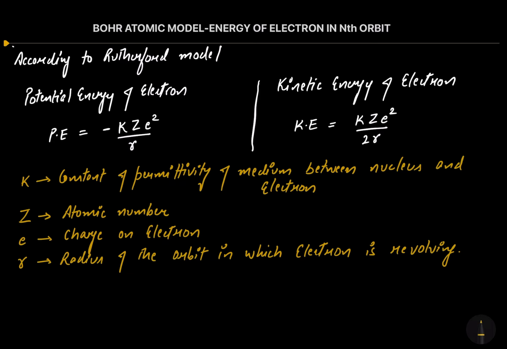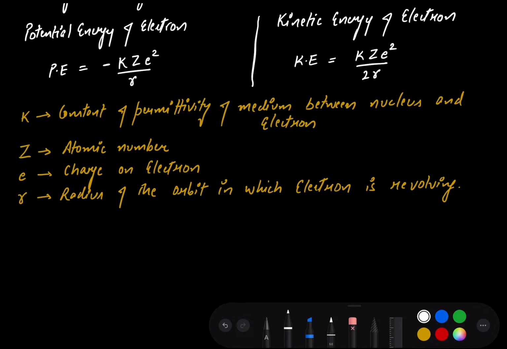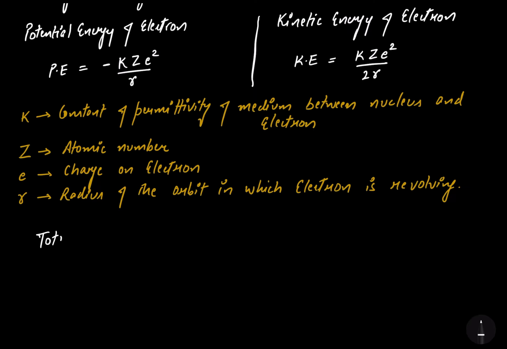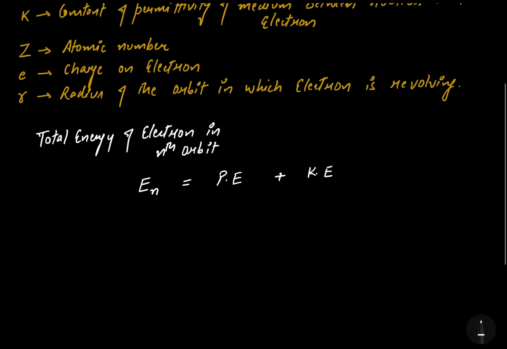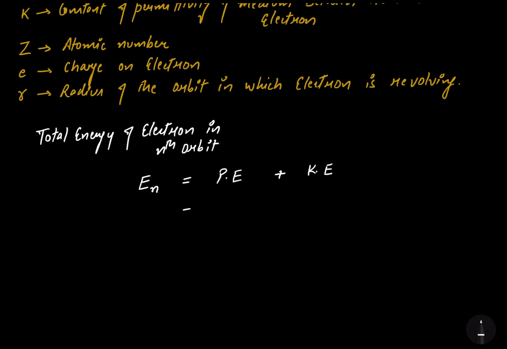So now my dear students, let's calculate the total energy of electron. So now I am evaluating the total energy of electron in nth orbit. I am representing my total energy to be the capital E for the nth orbit. It comes out to be, obviously, the sum of potential energy and kinetic energy. Now what is the potential energy?